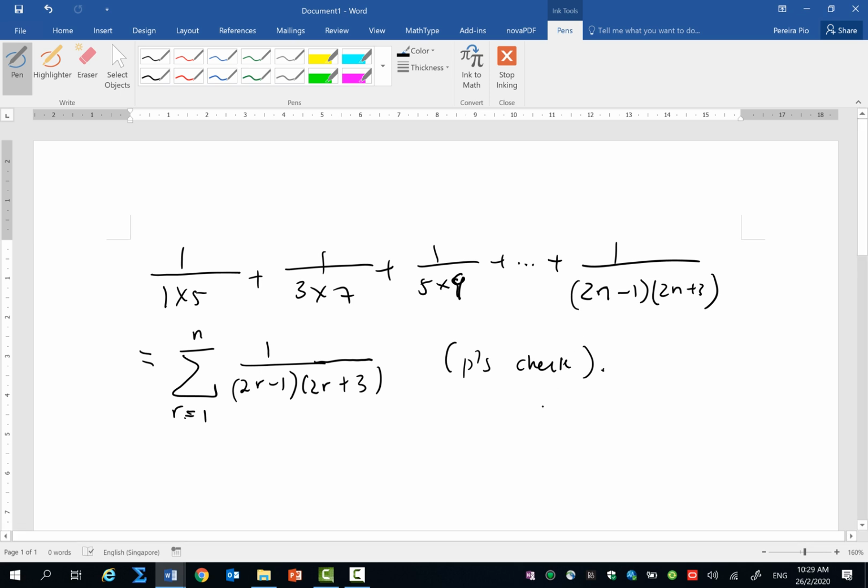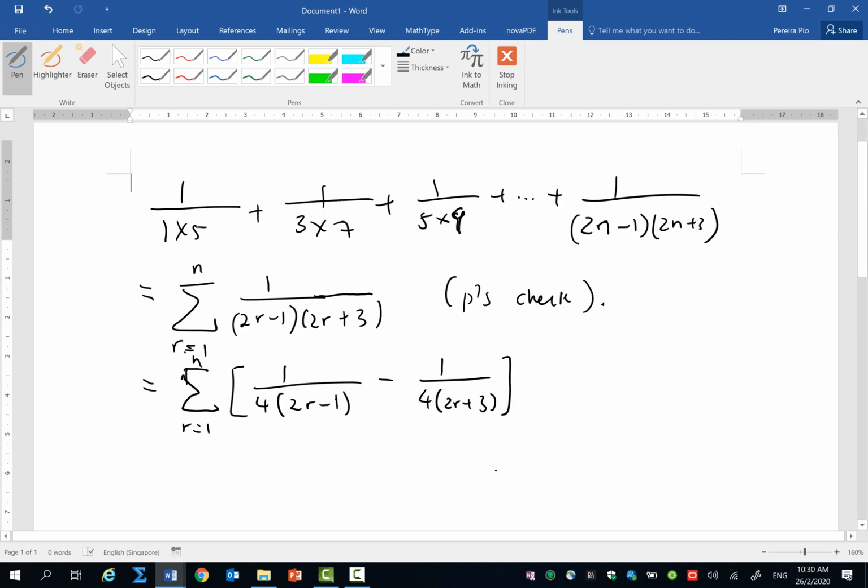Okay, now because I've already been asked to write this as partial fractions, I now need to write this whole thing as partial fractions. So it's 1 over 4 times (2r minus 1) minus 1 over 4 times (2r plus 3). Obviously, please do not go and cancel it out first.